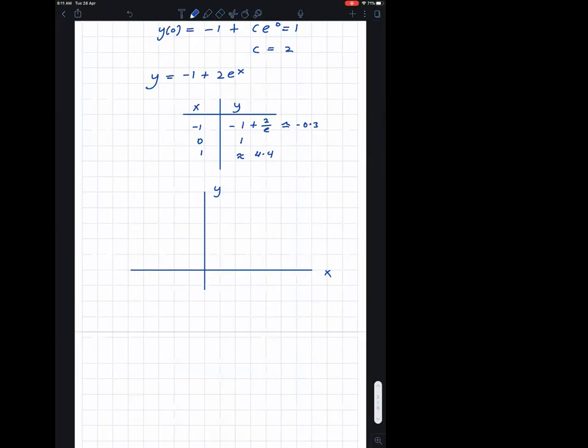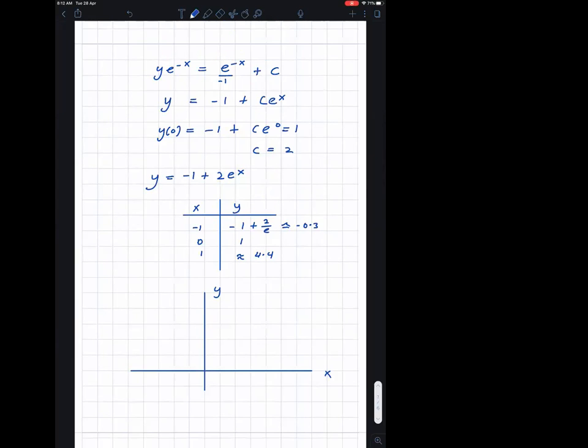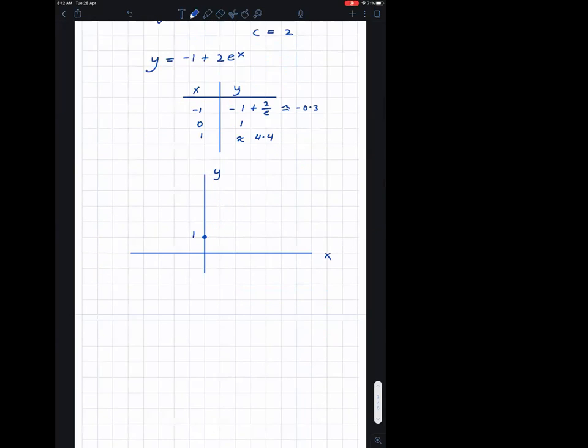So if you sketch this curve, at 0 it's around 1. Am I right? At minus 1 it's around minus 0.3, somewhere here.